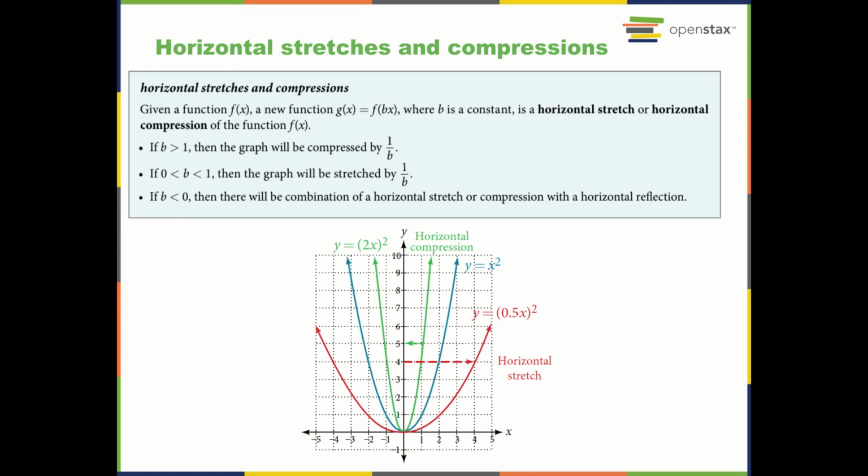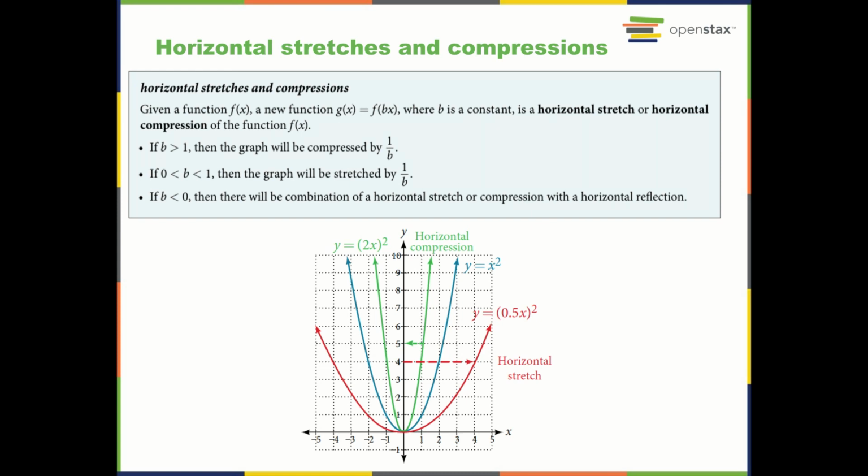So if b is greater than 1, this is kind of opposite of what you might think. If it's greater than 1, it will be compressed. And if it's between 0 and 1, it will be stretched by 1/b.